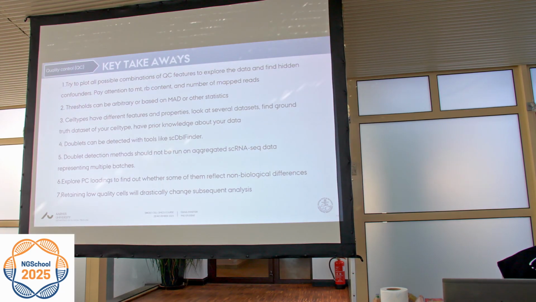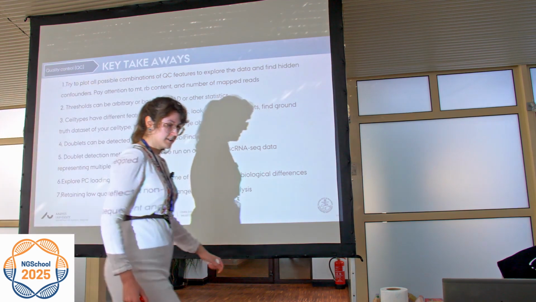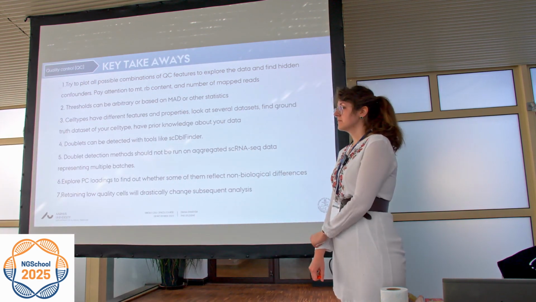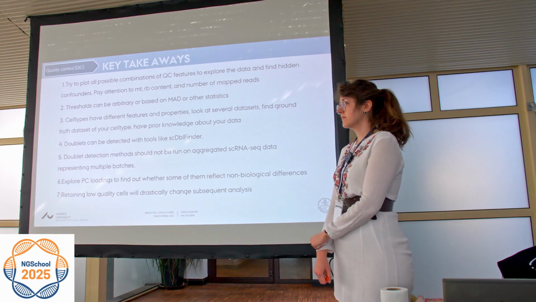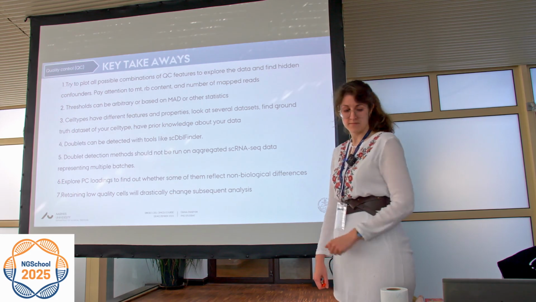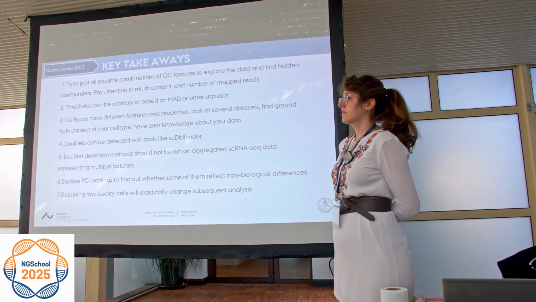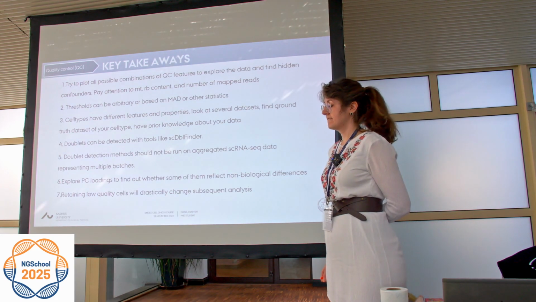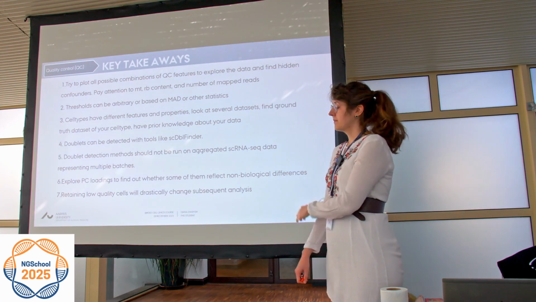I have a technical question. In your opinion, what is better: to look at the sample and set some strict thresholds, like 200 features, for example, upper and lower thresholds, and so on?